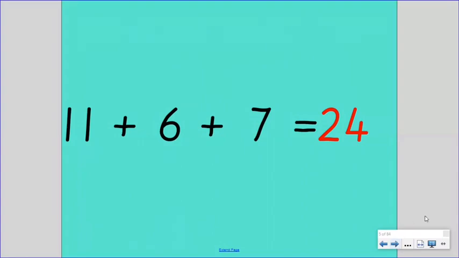So now we're on 17. We've got 17 in our heads and we've got 7 more to add. So we're counting forwards from 17, 7. Okay, 17, 18, 19, 20, 21, 22, 23, 24. Well done.